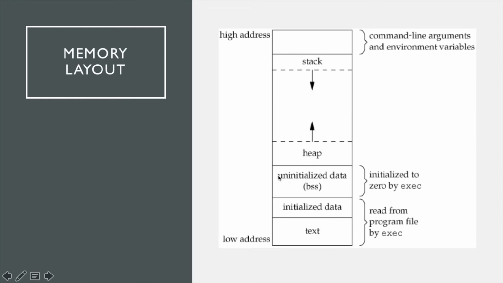Now we have something called uninitialized data and initialized data. We can consider both of these segments in total as the data segment. And over here we have the text, which is the code segment where your code lives in the memory. So this is how C uses the memory structure.